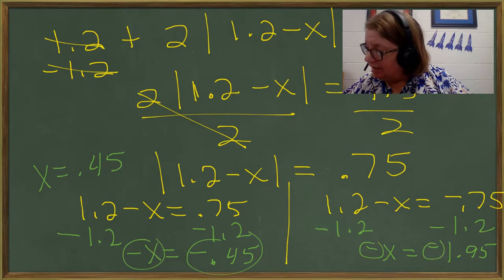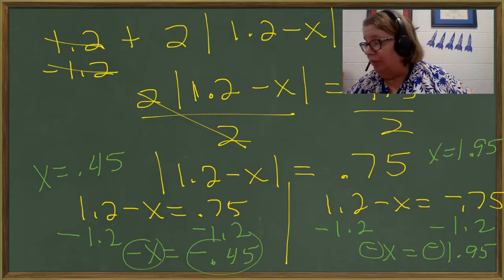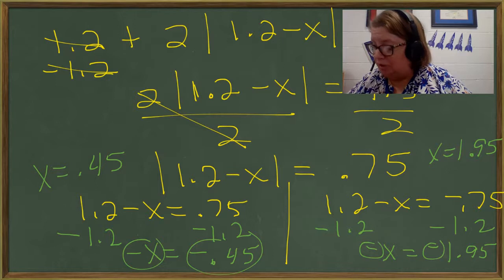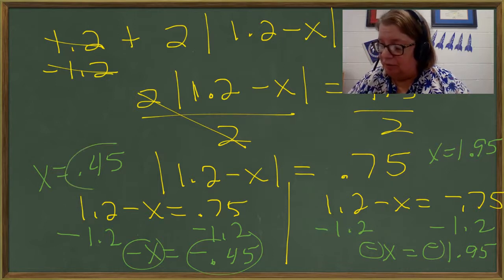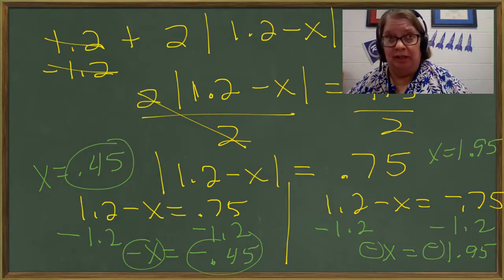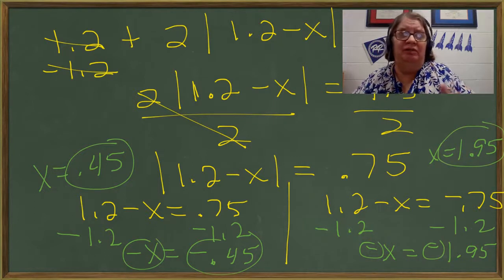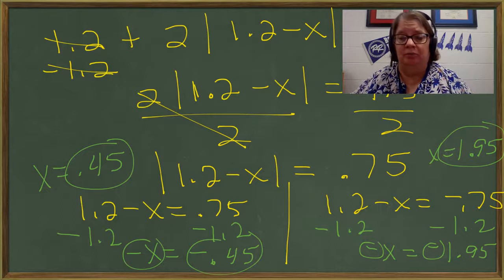Again, divide out this negative, and you get 1.95. So your friend is either 0.45 miles from the trailhead or 1.95 miles from the trailhead, depending on if she hadn't got to you yet or she's passed you.